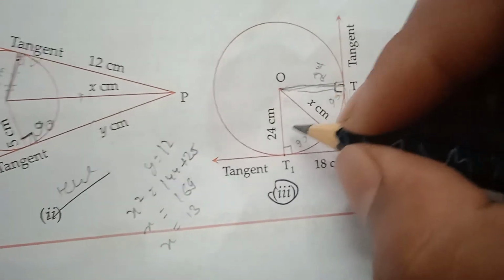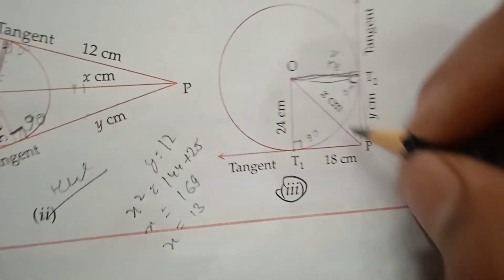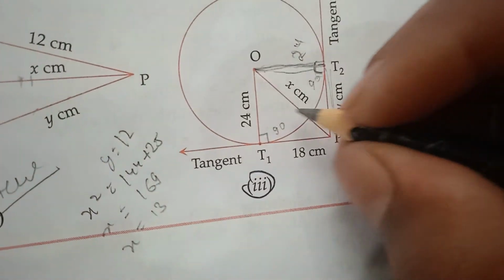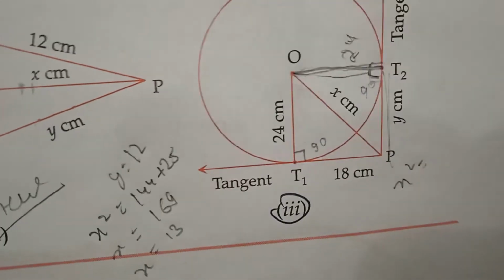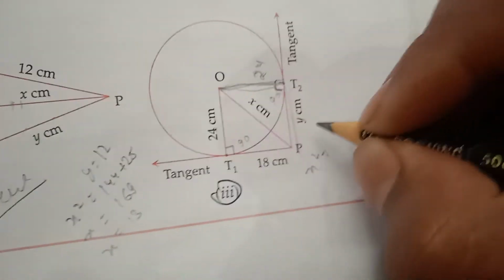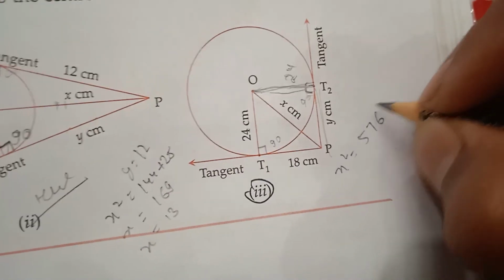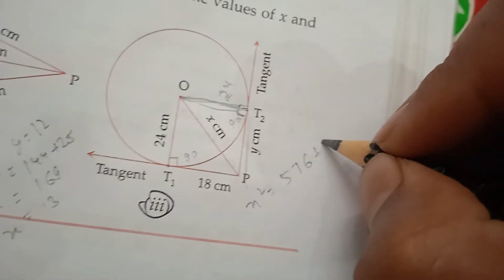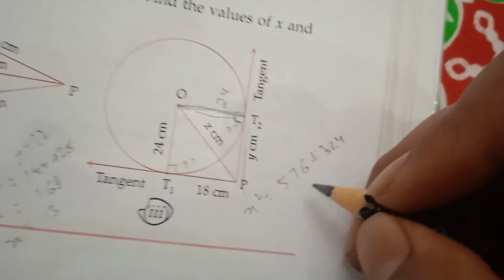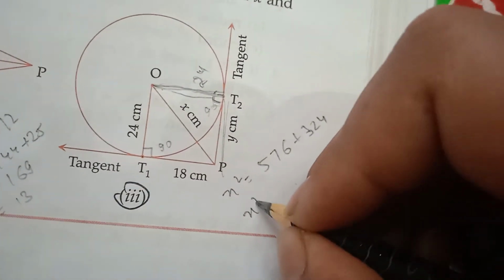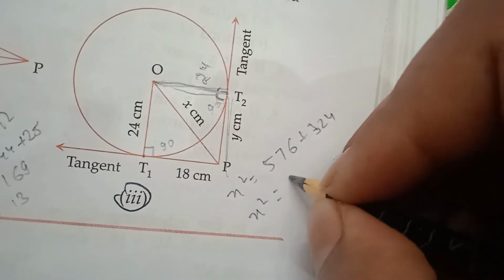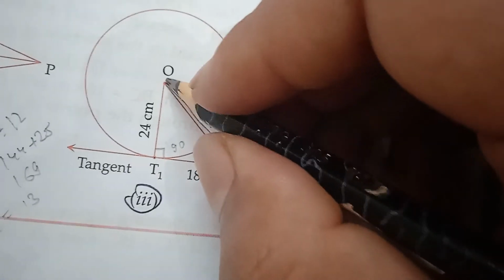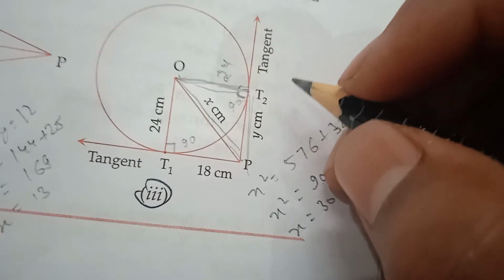So now we can solve this, as we have to find the OP, which is x square equal to square of 24, which is 576, plus 324, which is square of 18. So x square is equal to 900, means x is equal to 30, means this OP is equal to 30.